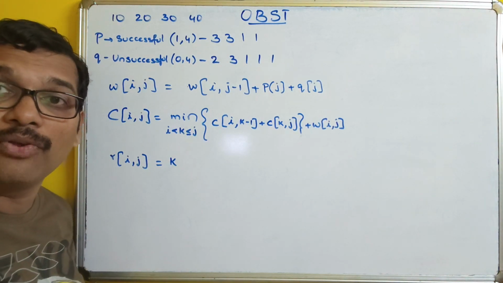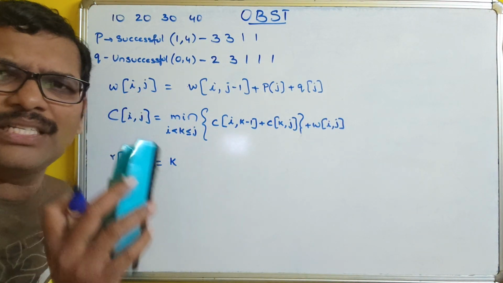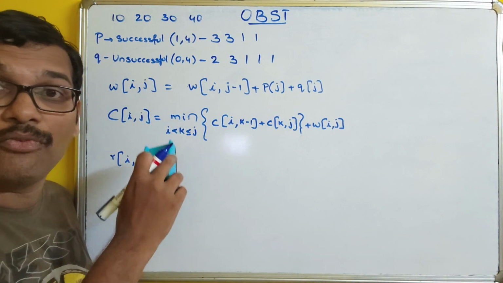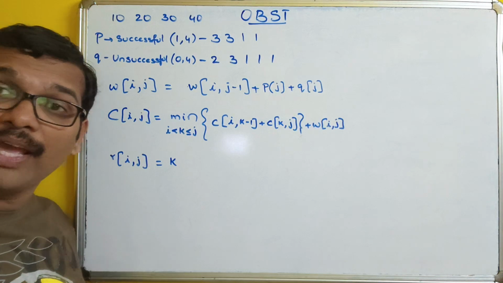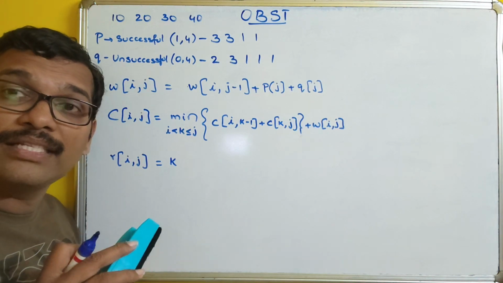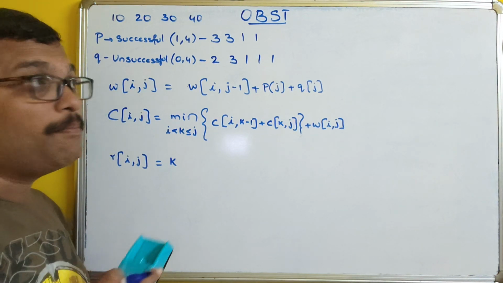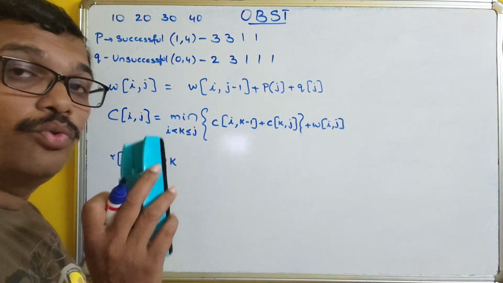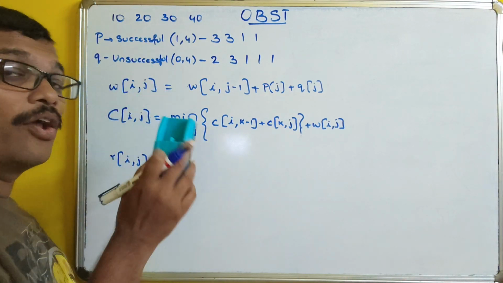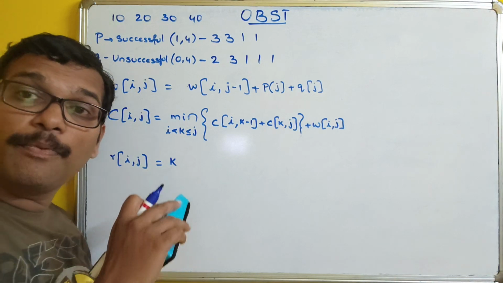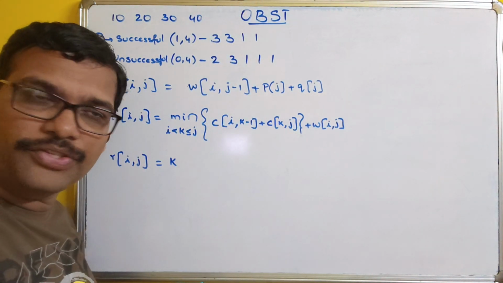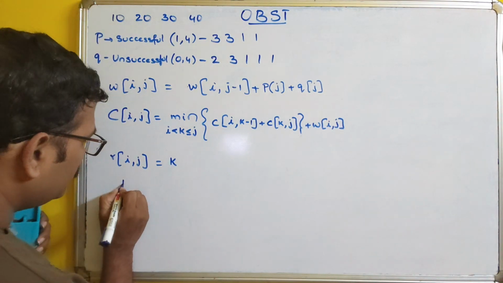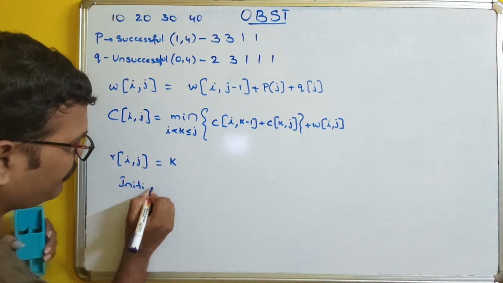This is somewhat different from our first example, where we had taken only the successful frequencies. But here in this example, we are taking two different frequencies, successful and also unsuccessful. Based upon these two, we have to find out the optimal binary search tree. Now, the initial conditions.